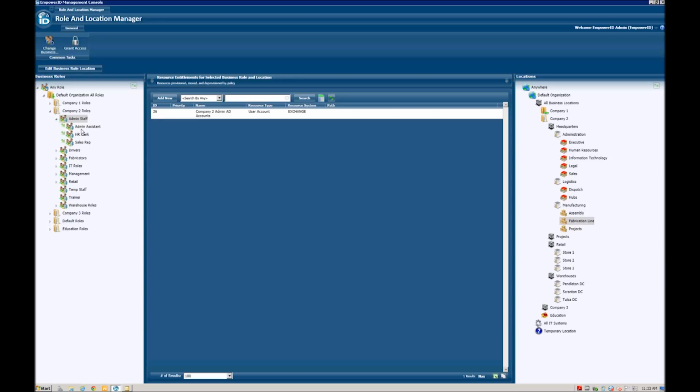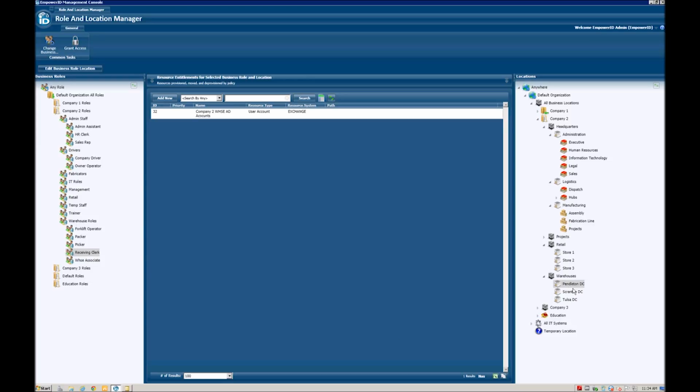So for admin staff, we can then break admin staff down into some of the roles that they will have. Our drivers, same type of thing, and all the way down to our warehouse roles. So now the warehouse roles will have certain access based on the fact that, for instance, I am a receiving clerk in a particular warehouse.